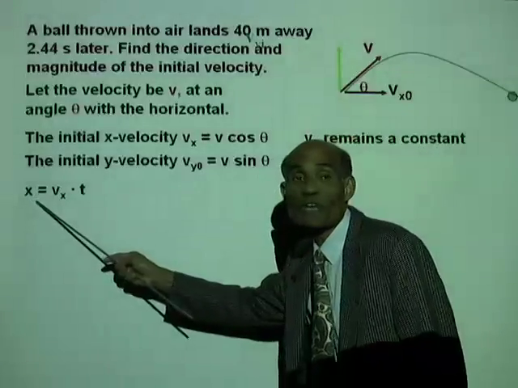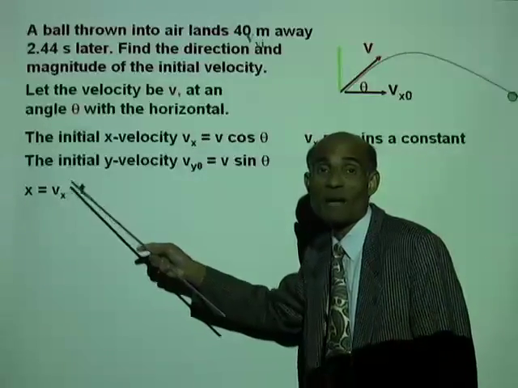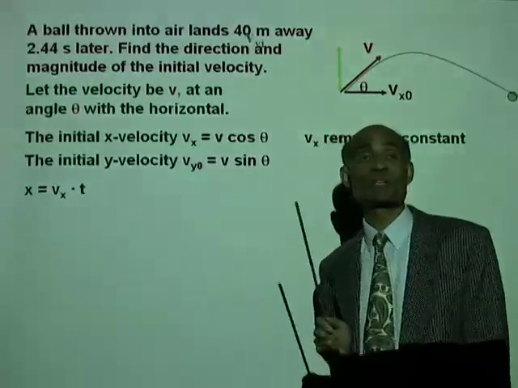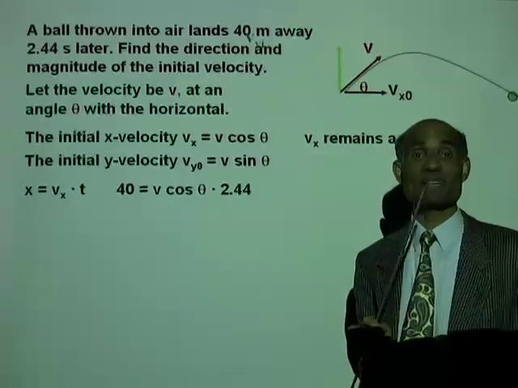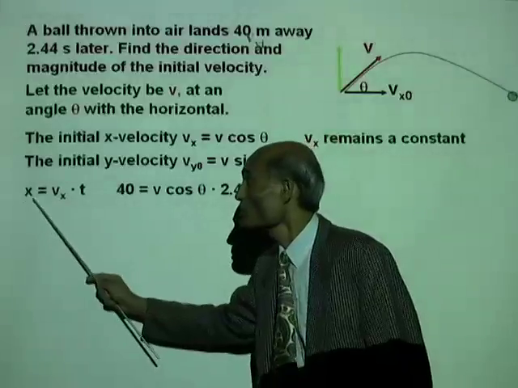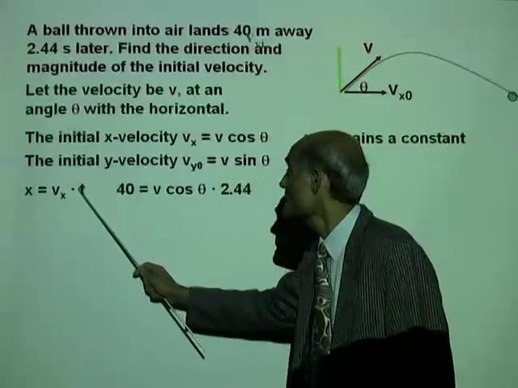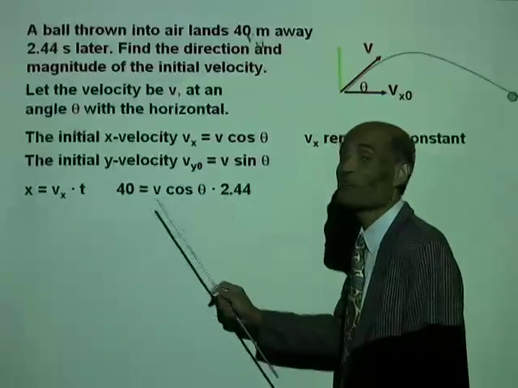Well, x equals vx multiplied by time. The horizontal range is the horizontal velocity multiplied by the time of flight. Now, the horizontal range is 40 meters and the time of flight is 2.44 seconds.